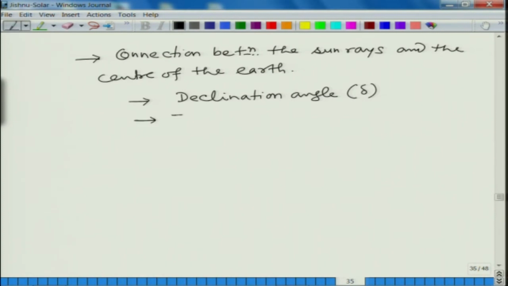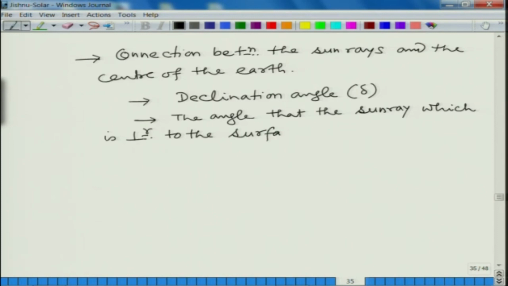It means the angle that the sun ray, which is perpendicular to the surface of the earth, makes with the equatorial plane.